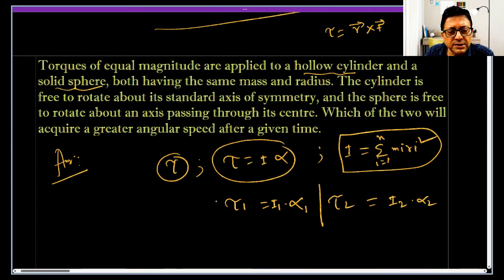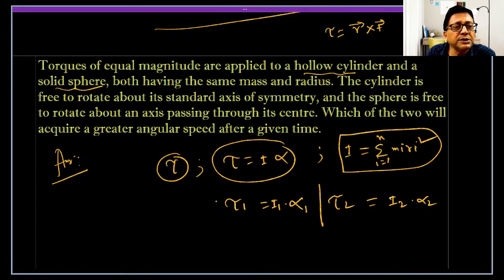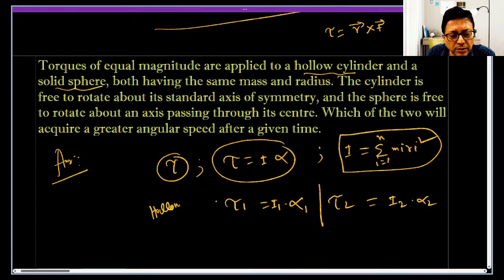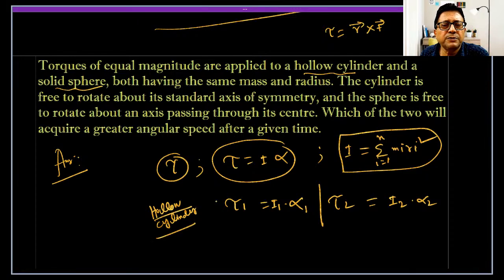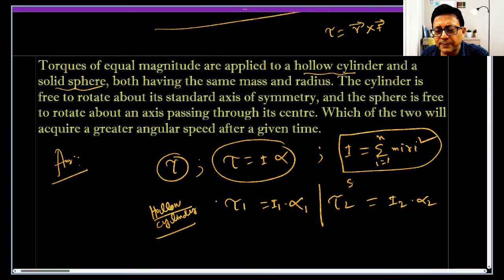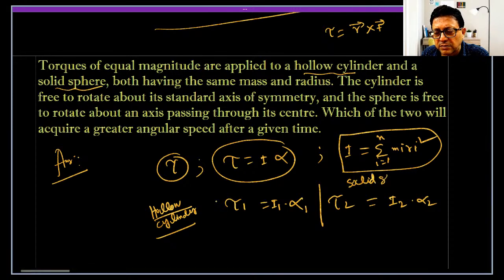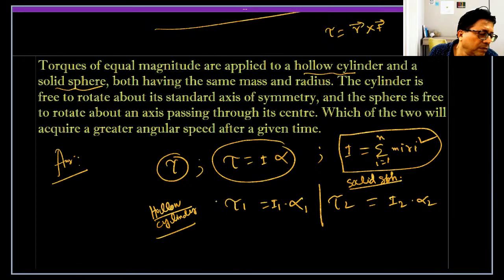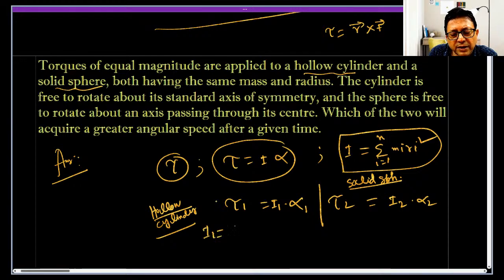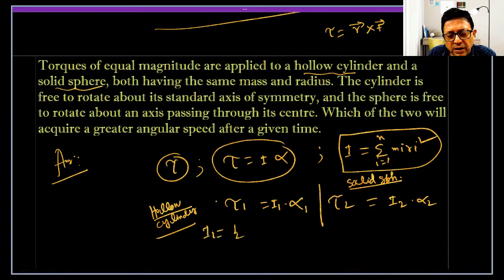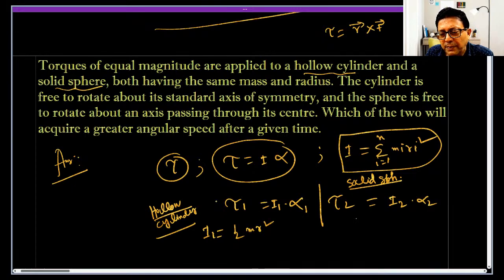Same mass and radius. So you write, this is for the hollow cylinder, and this is for the solid sphere. For the hollow cylinder, I1 will be m r square.